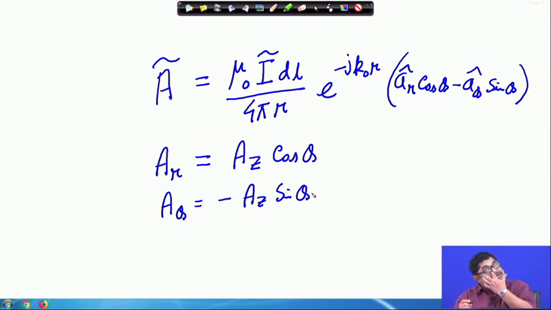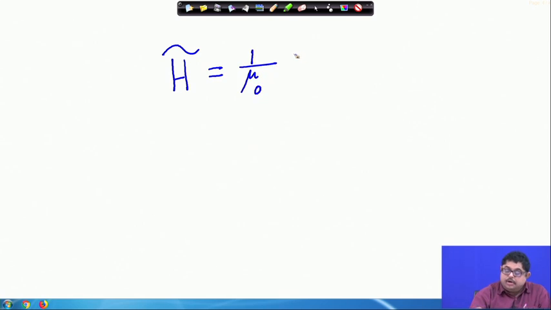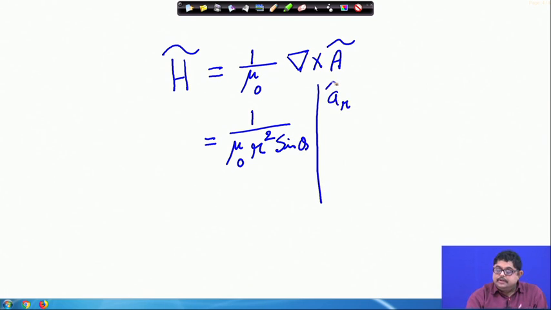Now, once we know the vector potential, the first step is to find the magnetic field H. So, H phasor is 1 by mu naught del cross A. So, we will have to perform this del operation. We know del operation in spherical coordinates.